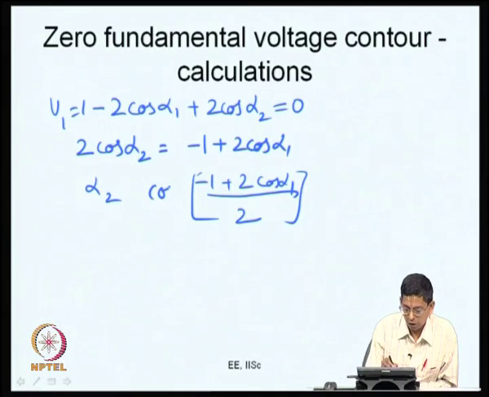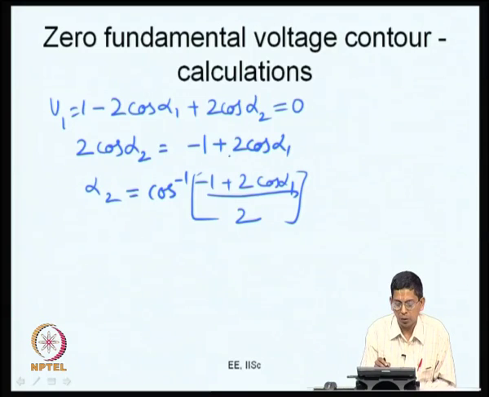So, cos alpha 2 is minus 1 plus 2 cos alpha 1 by 2, and you take the cos inverse, you get this now. Now, you can plug in several values of alpha 1 and you can get the corresponding values of alpha 2. Is that right?